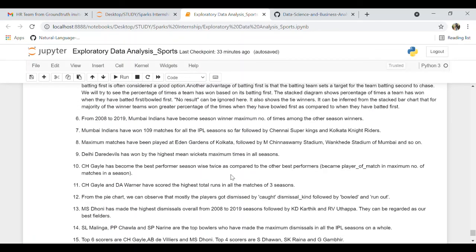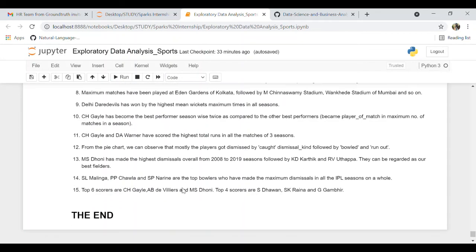And for the players, we have CH Gayle, we have DA Warner, we have MS Dhoni, KD Karthik, RV Uthappa, SL Malinga, PP Chawla, SP Narine, and AB de Villiers, S. Dhawan, SK Raina, and G. Gambhir.